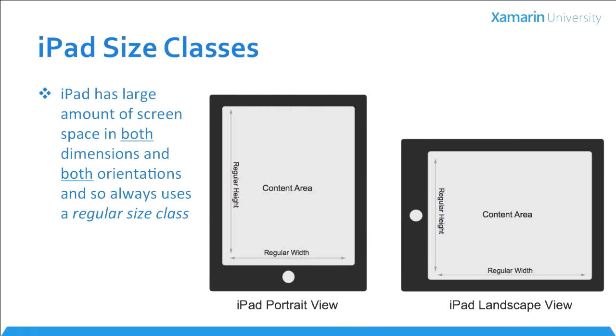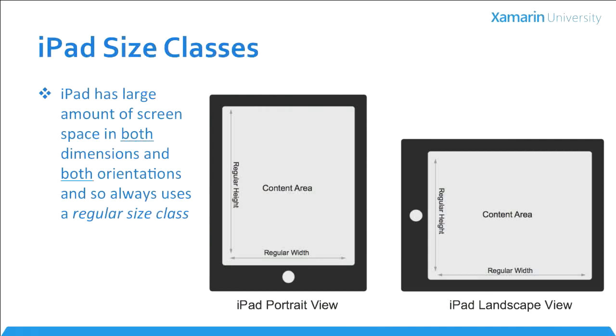So I'm holding it in portrait and there's enough width for me to see the entire width of most pages. And if it has to scale a little bit, it's still nice and large, and it's very comfortable and easy for me to consume and view web content. As well, in portrait, top to bottom, there's lots of space. So I can see lots of content, and again, it's very comfortable.